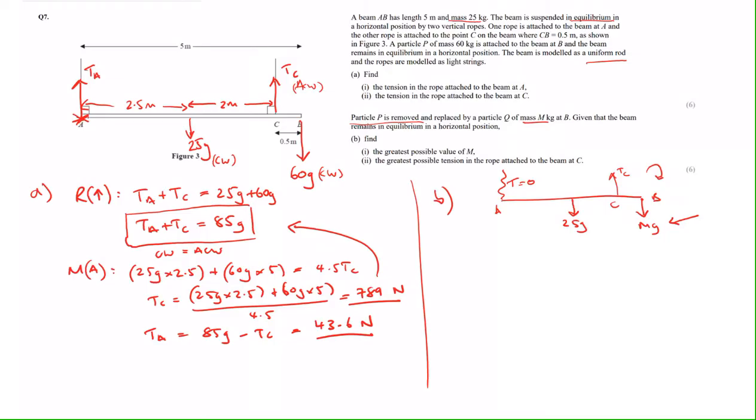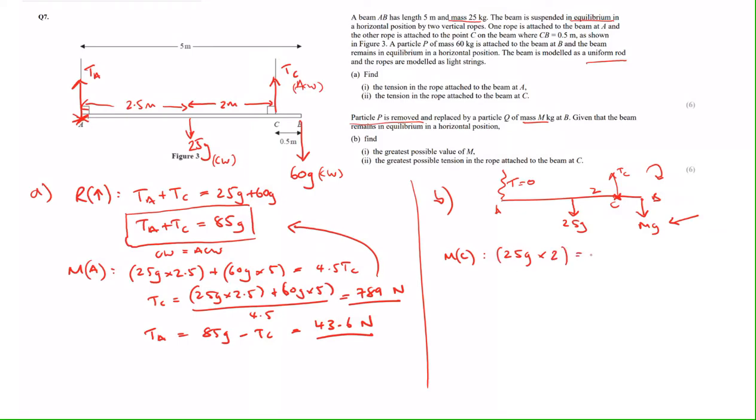But just to simplify the whole thing, what we can do is take moments about C. So if we take moments about C, we'll have an anti-clockwise moment which is 25g times, and this distance here is, as before, 2.